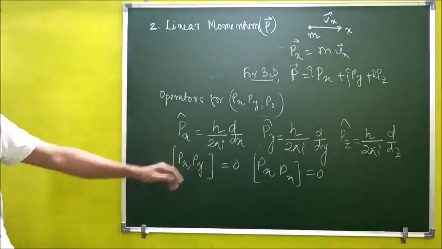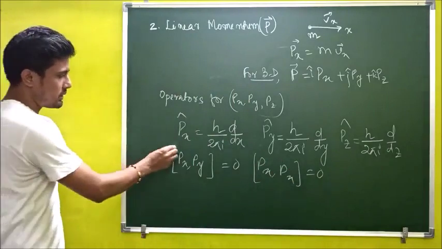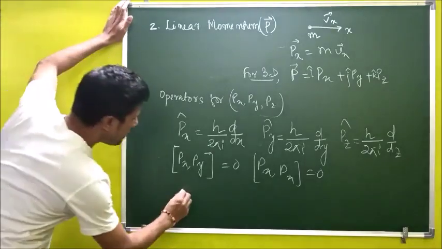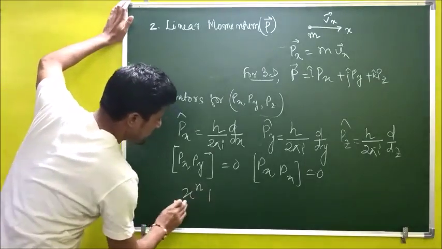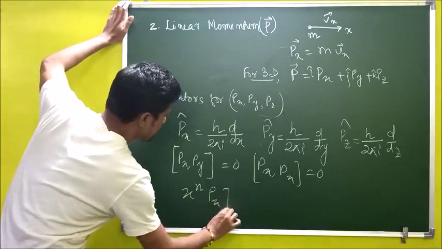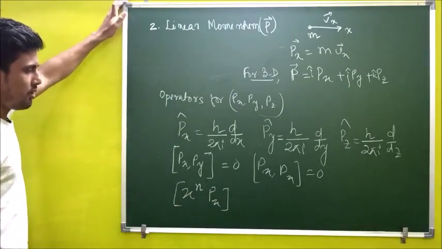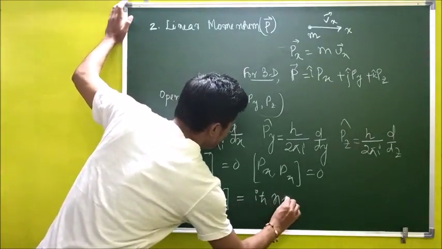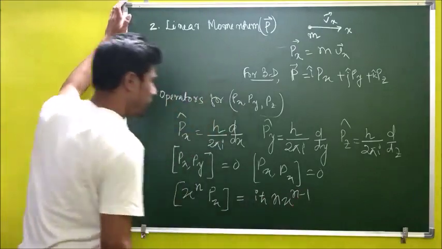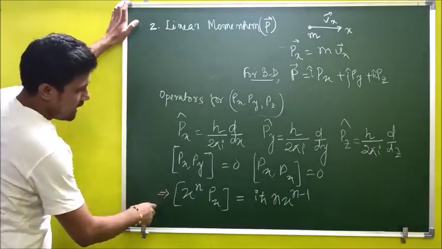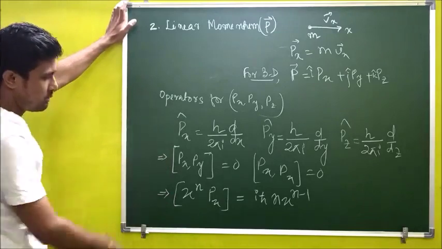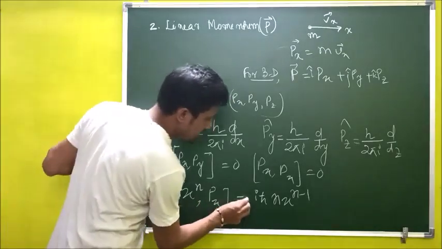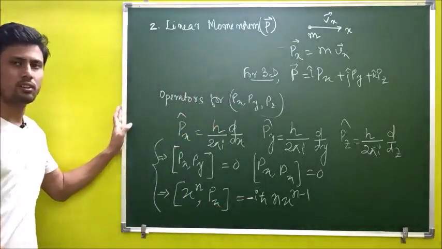We discussed these in the previous class on commutators. The commutator of x to the power n, a position operator, and px is given by i h cross n x to the power n minus 1. This is an important result, and questions may ask from it. Sorry, there will be a minus sign here.